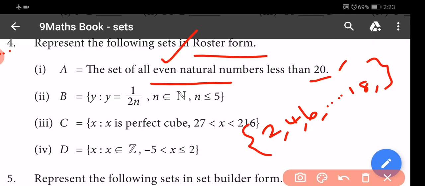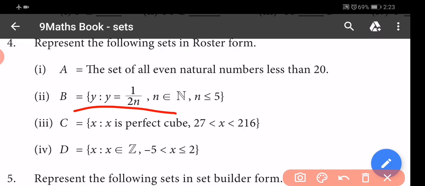Less than or equal to 20 would mean 20 is one of the elements. Here 20 is not an element. So 2, 4, 6, 8, 10, 12, 14, 16, 18. That's all.